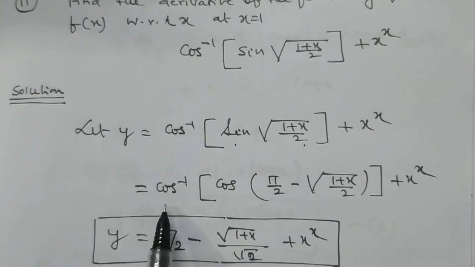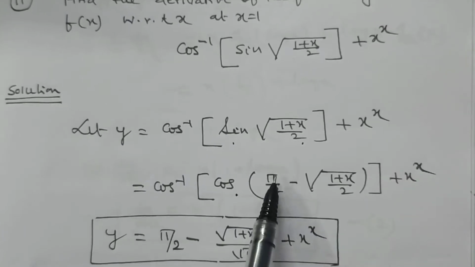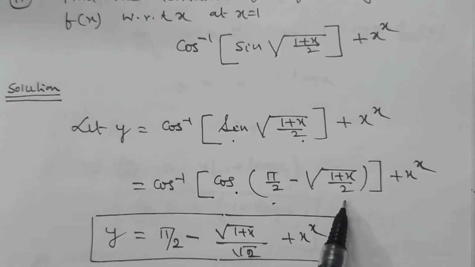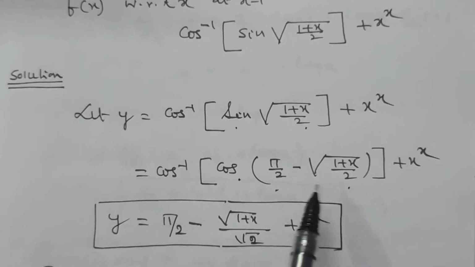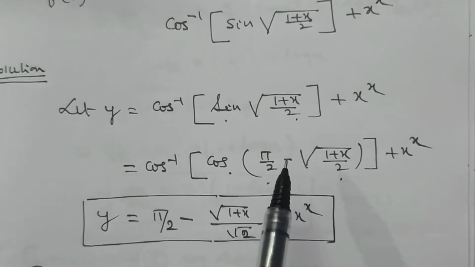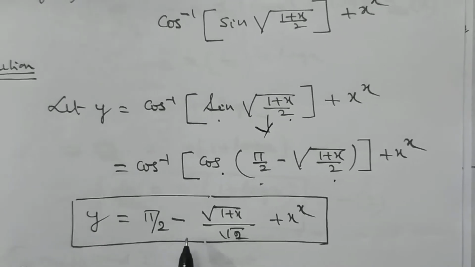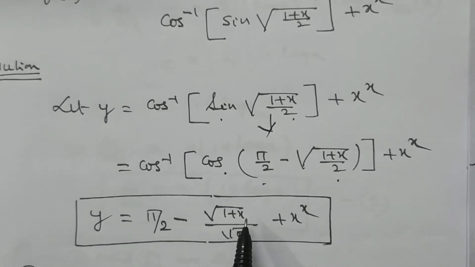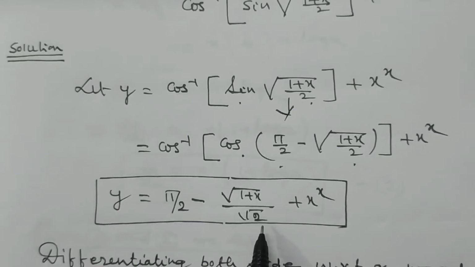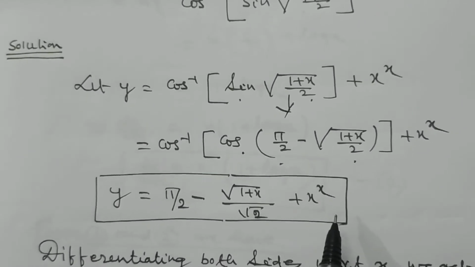And this will be cos inverse cos of pi by 2 minus root over (1 plus x) by 2, plus x to the power x. This conversion is very important. So y is equal to pi by 2 minus root over (1 plus x) by root 2, plus x to the power x.